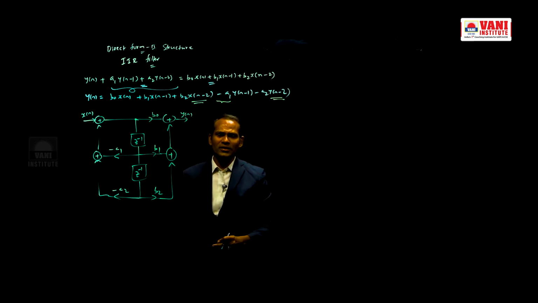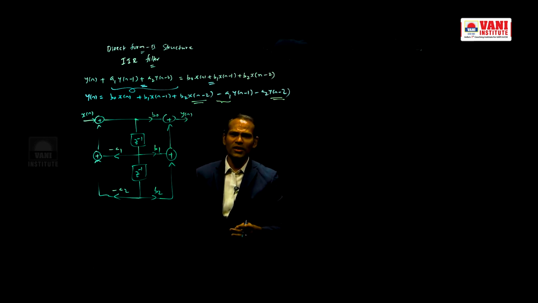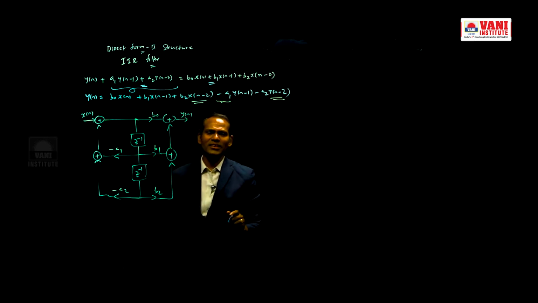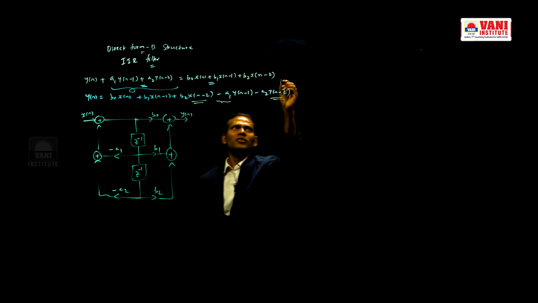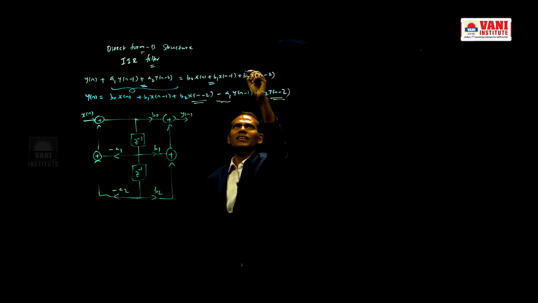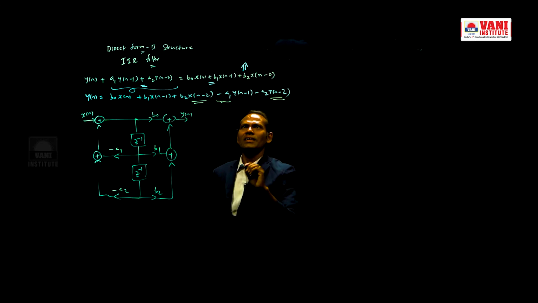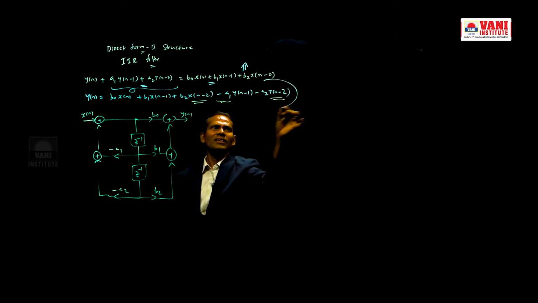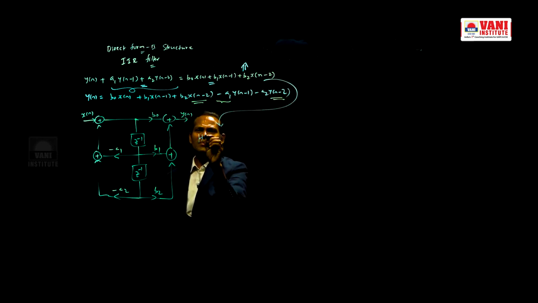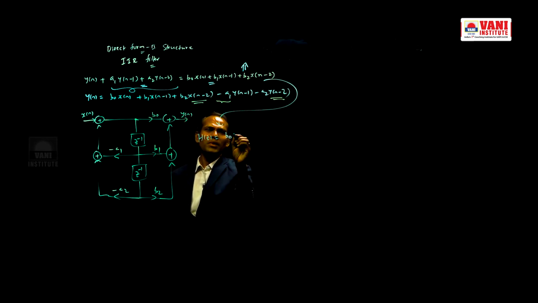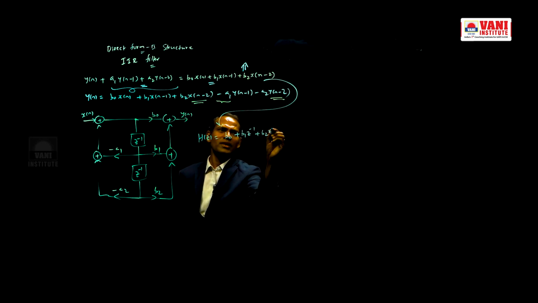Sometimes based on transfer function, we have to draw the direct form 2 structure. Suppose if you take this one, then H of z will be in this manner. H of z will be b0 plus b1 z inverse plus b2 z power minus 2 by 1 plus a1 z inverse plus a2 z power minus 2.